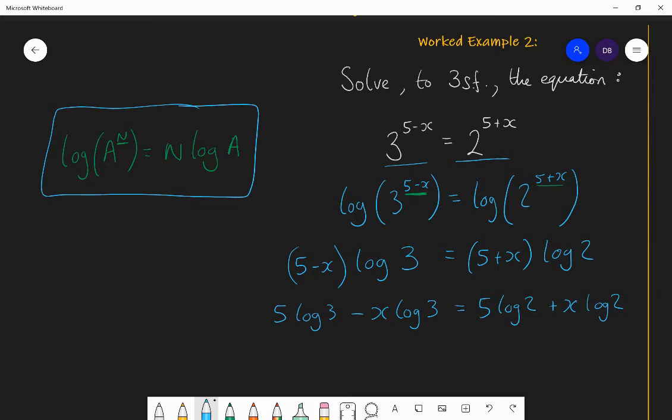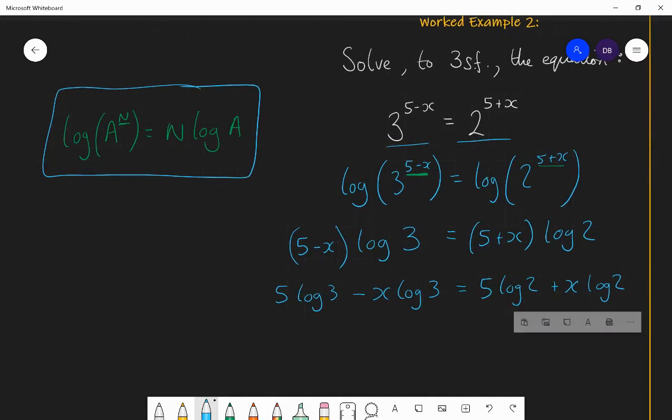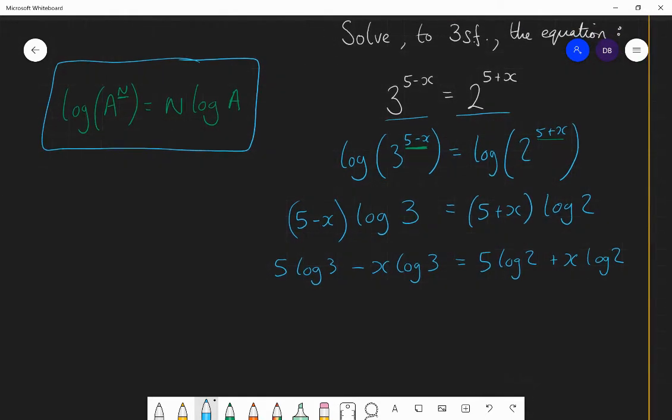Now, to find the value of x, the best thing to do is make sure we have x all together on one side of the equation. I've got a negative x log 3 on the left side and a positive x log 2. I prefer having positives as far as I can get them. So I'm going to add x log 3 to both sides.